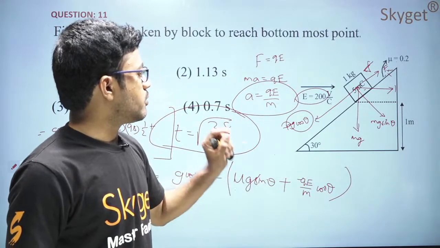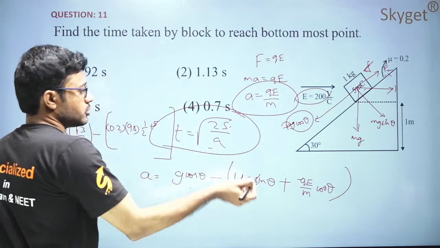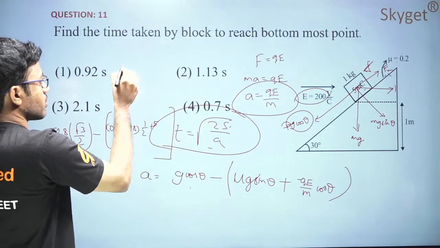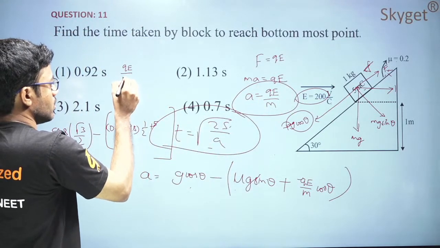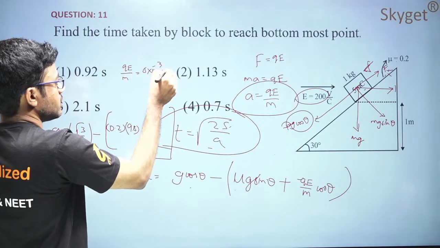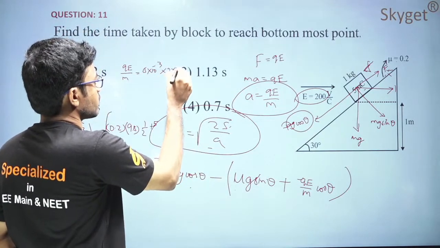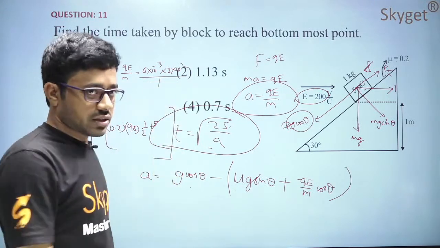What is the value of Q? The charge is given as 5 millicoulombs, so let us find the value of QE by M. Q is 5 into 10 to the power of minus 3, the applied field is 200, that is 2 into 10 square, and the mass he has given is 1 kg.